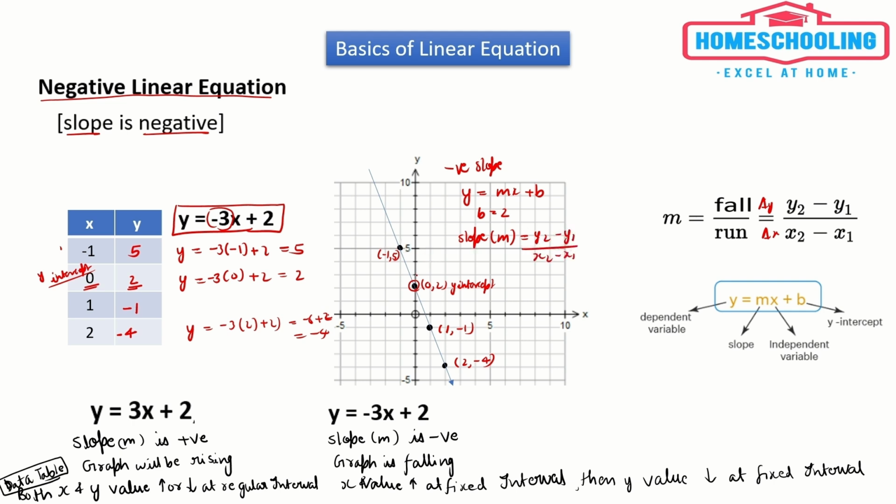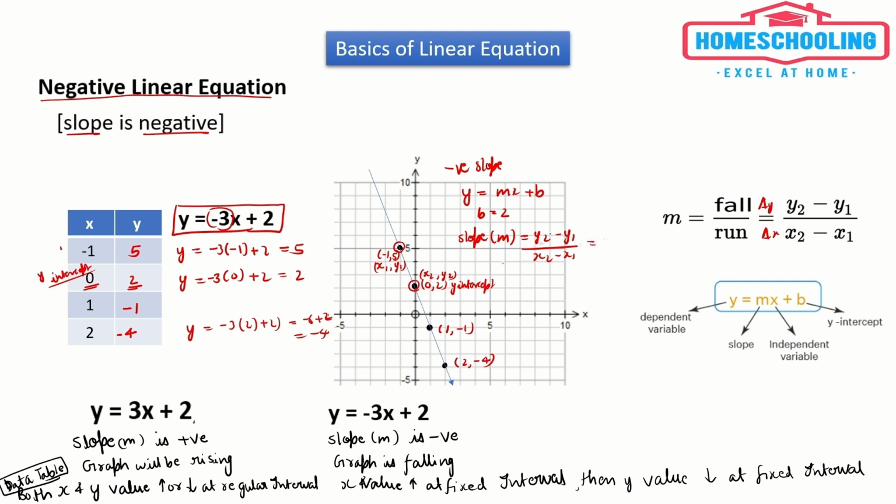Let's take any two coordinates here, this one and this one. As we can see, we have plotted this data first, so we'll take this one as x1 and this is your y1. Similarly, we have plotted this data after this data, so this is going to be our x2 and y2.